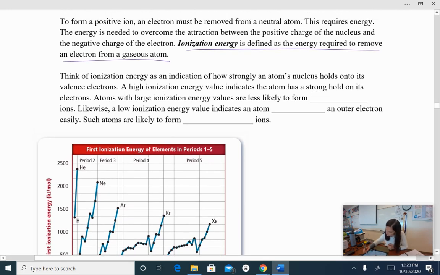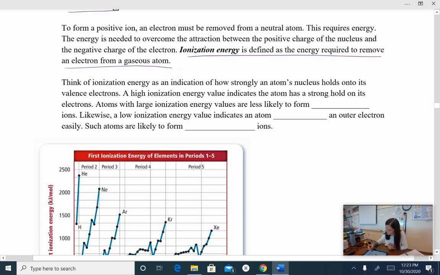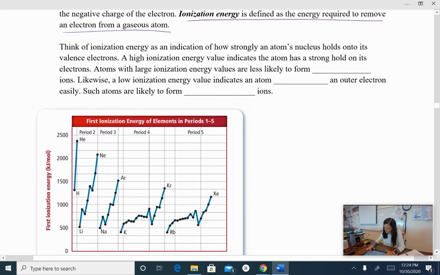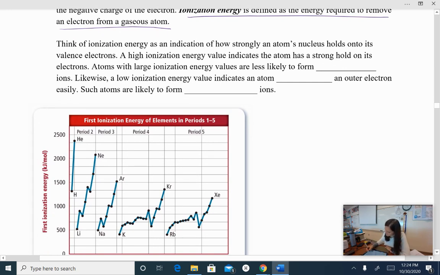Why isn't this letting me write? Okay, because remember, if I take an electron away, I will have more protons.